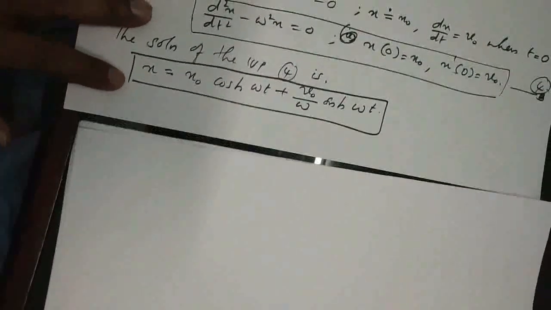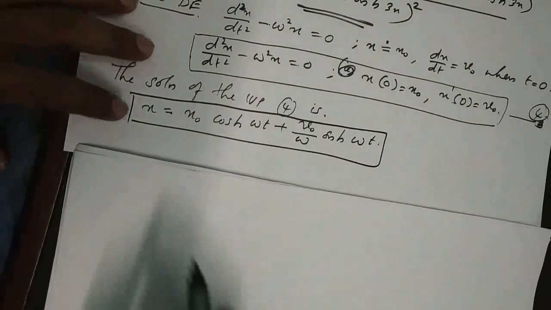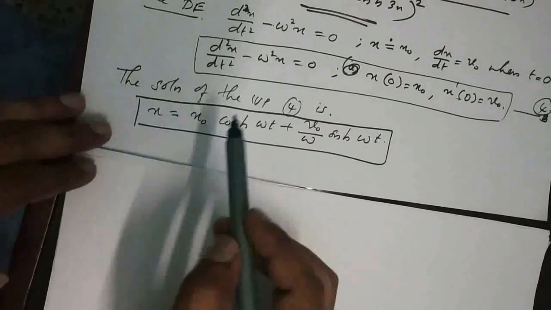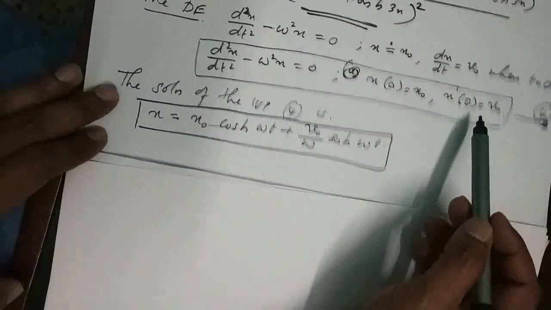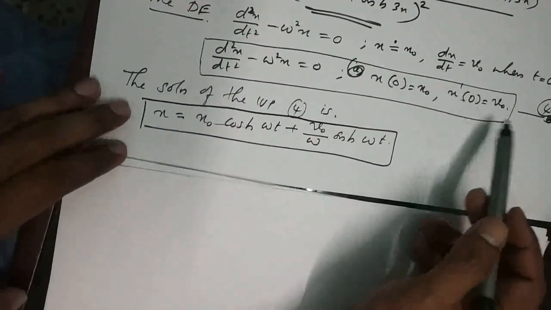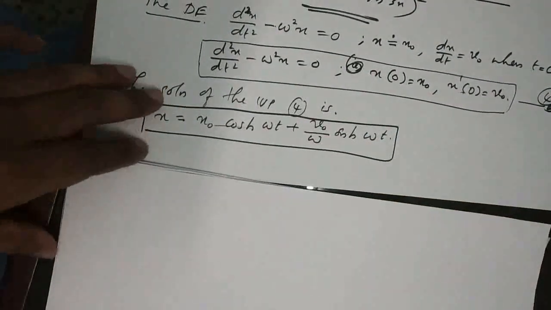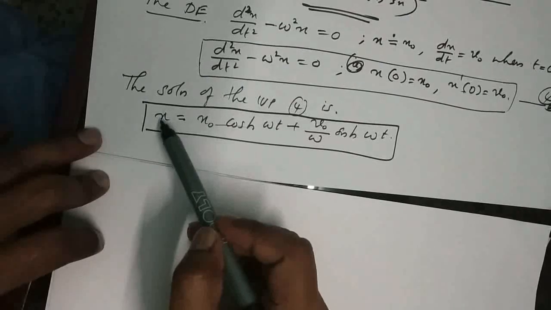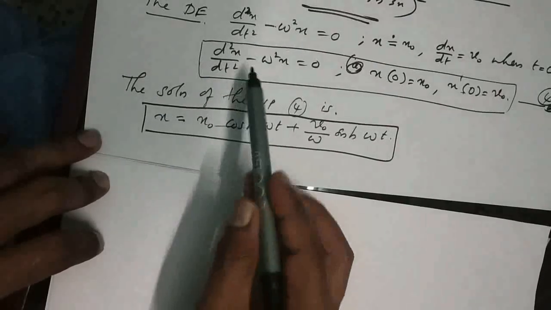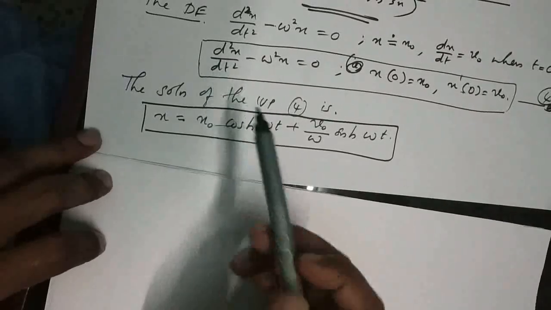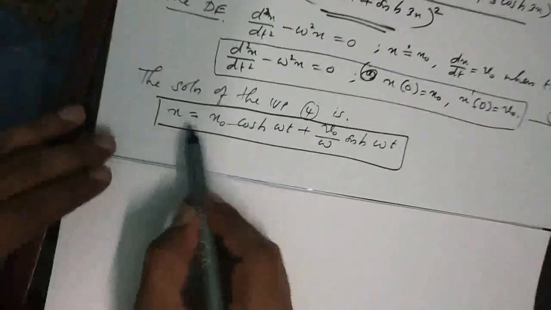To prove this, we need to show that this is a solution of this differential equation along with these conditions. We find d square x by dt square and replace x and d square x by dt square here. So take x equal to this.